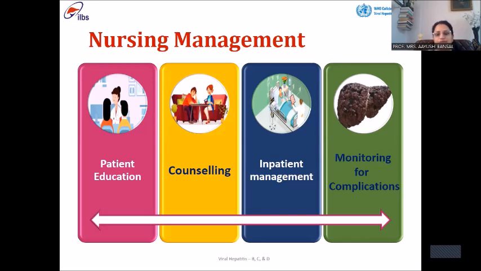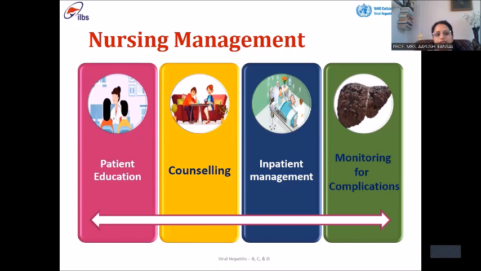In counseling sessions we can cover the perspectives of the disease, the signs and symptoms, or the problems he is facing due to the illness, precautions that he has to follow to prevent further infection, the regular or daily practices, what he should do, or lifestyle modification.